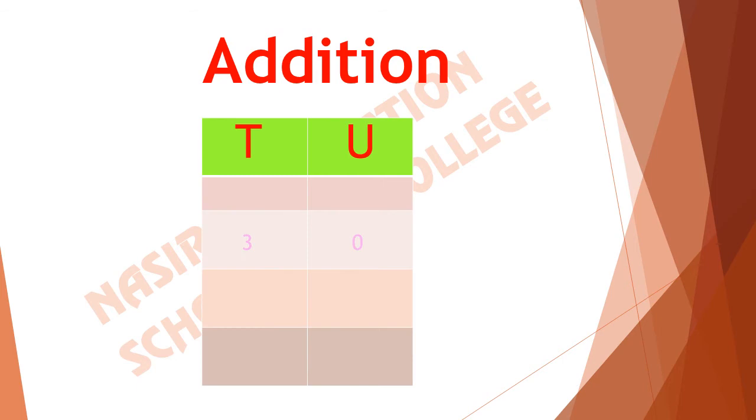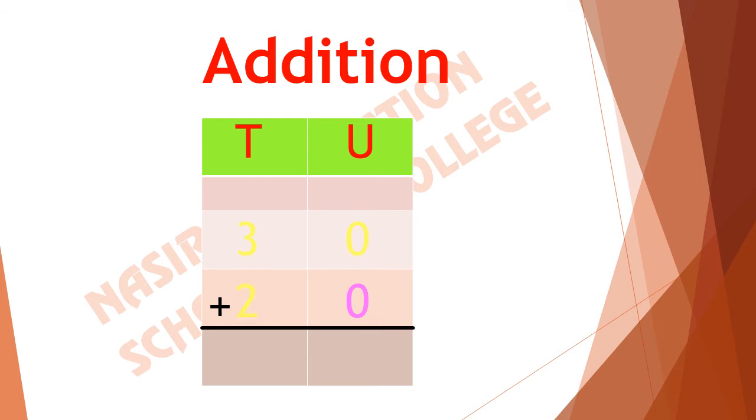Here we have the numbers. Addendum 1 is 30 and addendum 2 is 20. And we use this symbol to show the addition. In first addendum, we will write 3 in tens column and 0 in units column. Same, addendum 2 is also a 2-digit number.